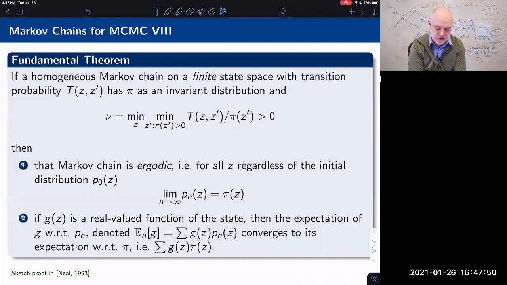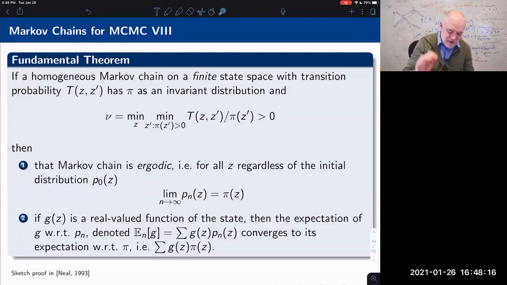So let's say this again. This is cool, right? If pi of z prime is 0, that means we don't really care about that, so this is trivially satisfied. This is going to be infinite, right? But any place that the distribution has support, you have to be able to transition to it from everywhere.